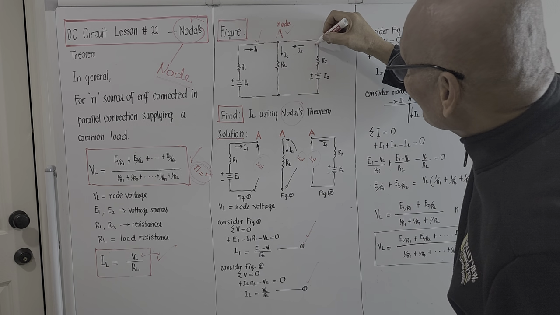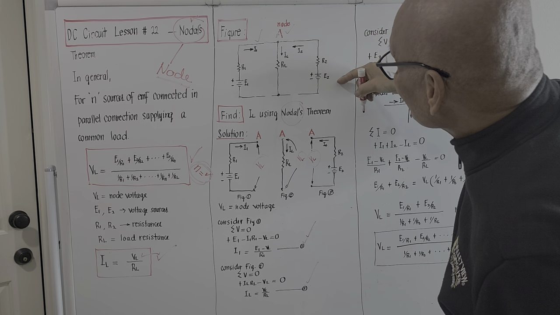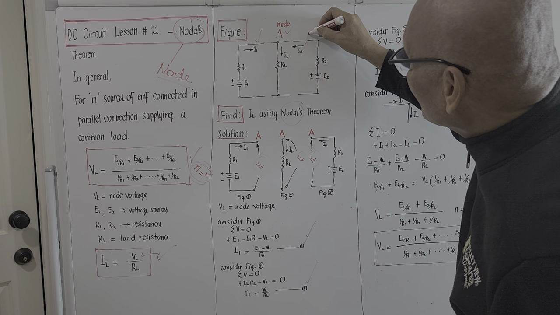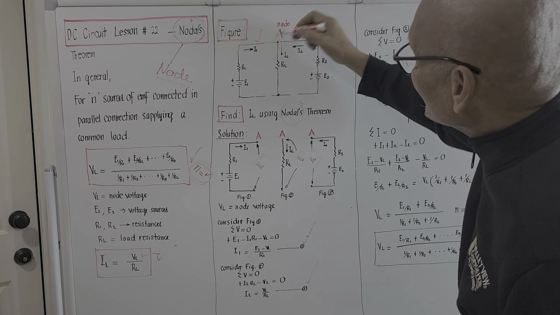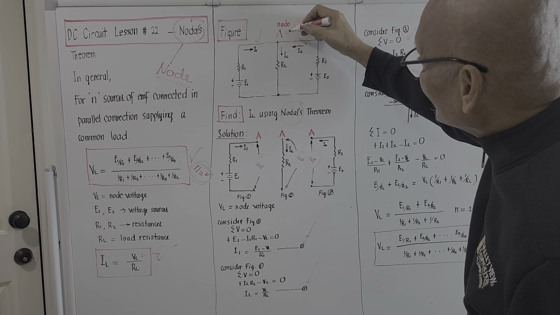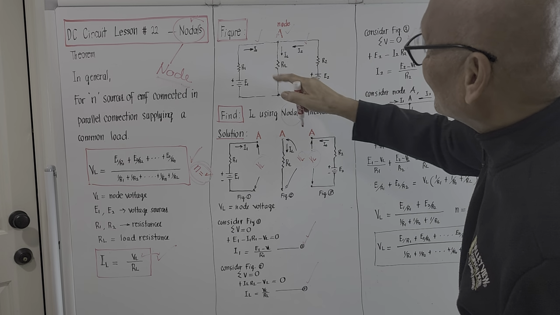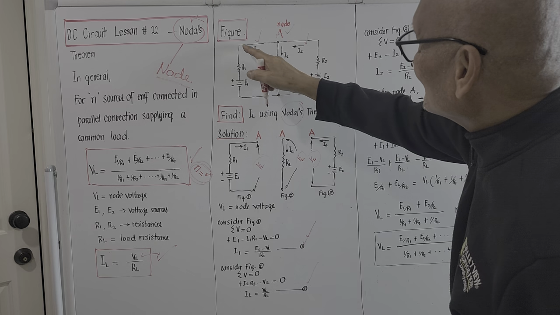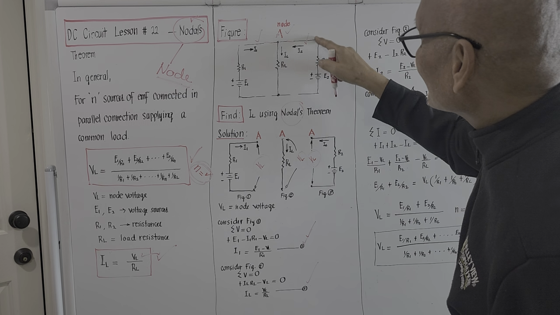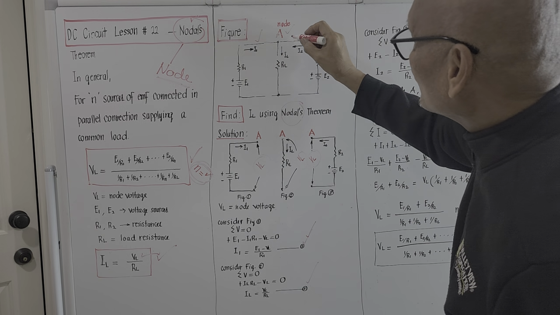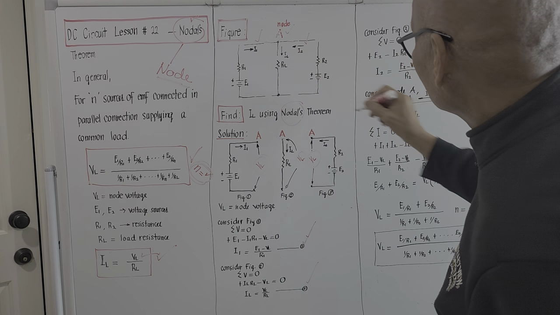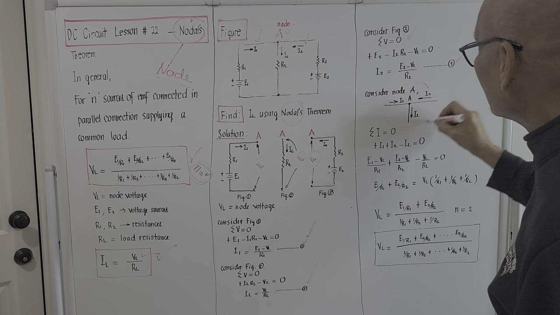And there's a current also entering node A coming from E sub 2, that will be designated I sub 2. And there is a current leaving node A, and that will be designated I sub L. It seems it's just like we disconnect here, and we disconnect here, and we bring out this one, right? So what comes out is this.